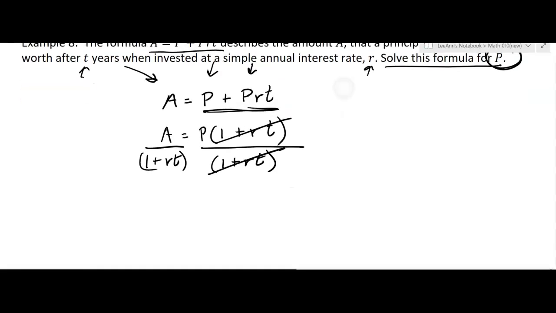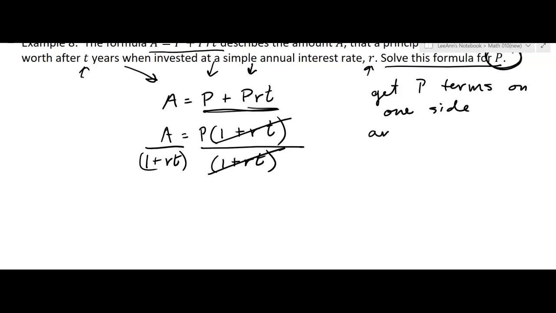So when the variable that you're trying to get by itself appears in more than one term, get those terms on one side. So get P terms, anything that has a P in it, on one side.